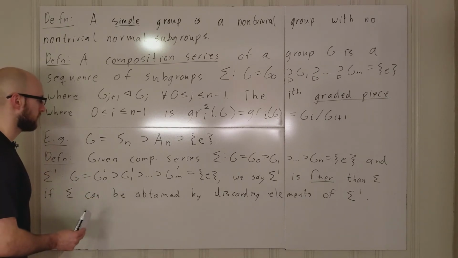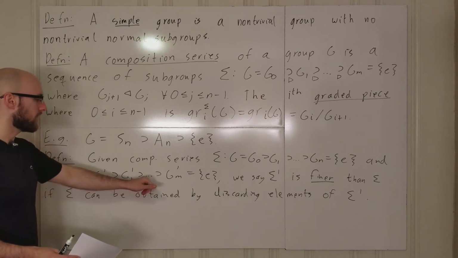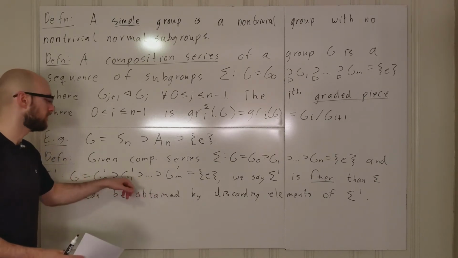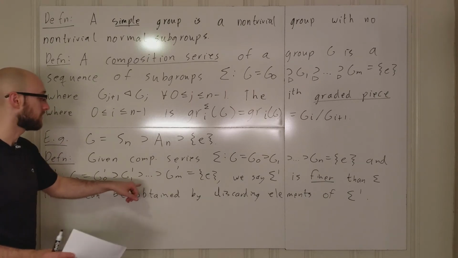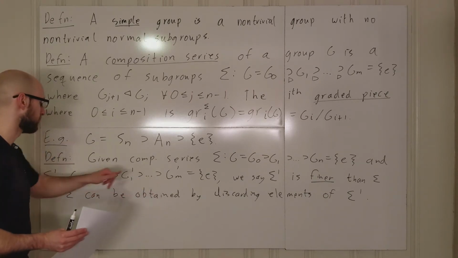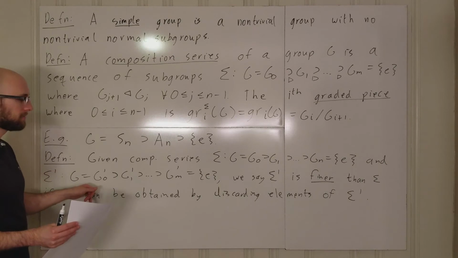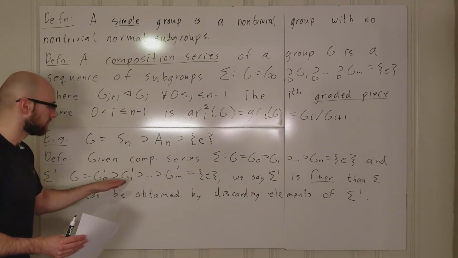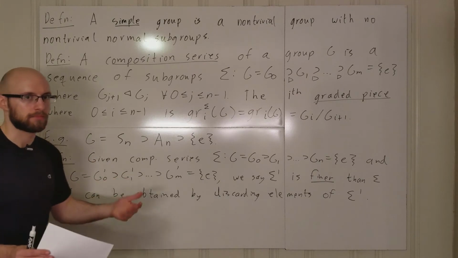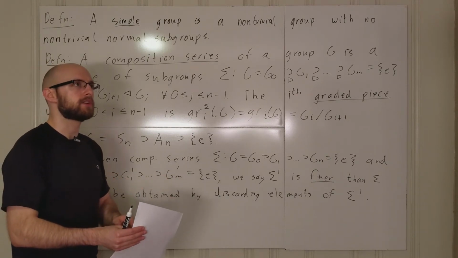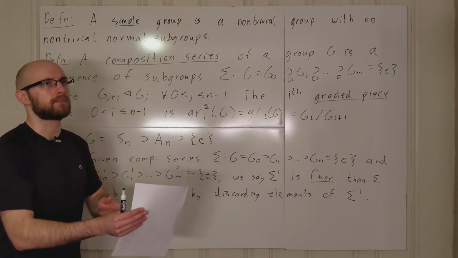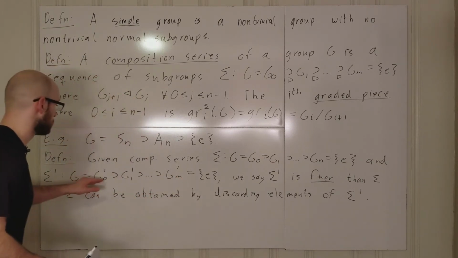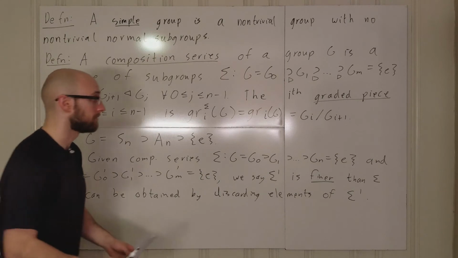You might have something where G2 prime is normal in G1 prime, but it might be the case that G2 prime is not normal in G. Because remember, the normality condition when you go from G1 prime to G naught prime is stronger, because you have to satisfy the condition for a larger collection of elements, because G naught prime contains G1 prime.